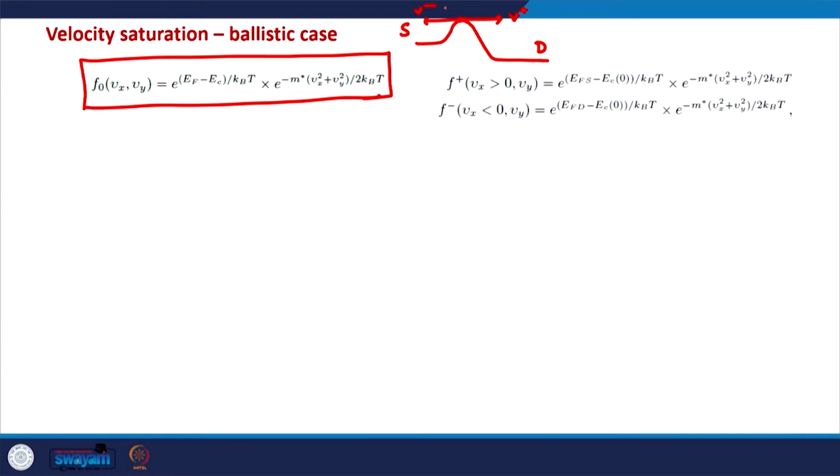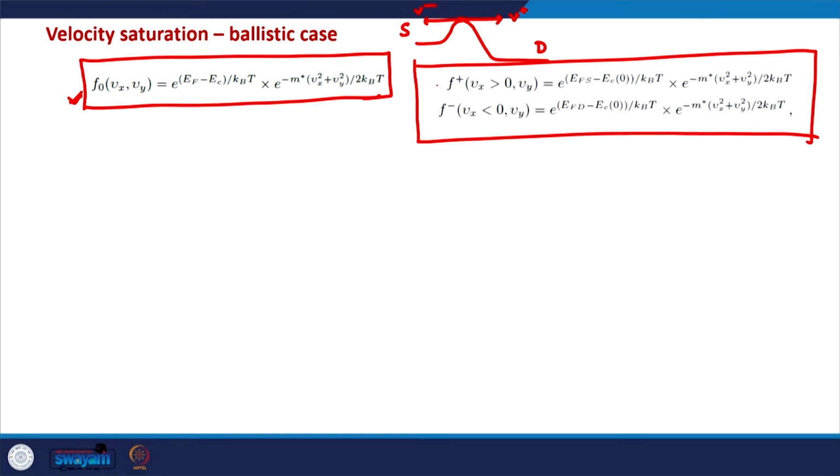So, we started with the Fermi-Dirac distribution function, and if we put proper values of energy in terms of kinetic energy, we get the so called Maxwellian distribution of velocities, which is given by this function. This function can further be broken down into two other functions.